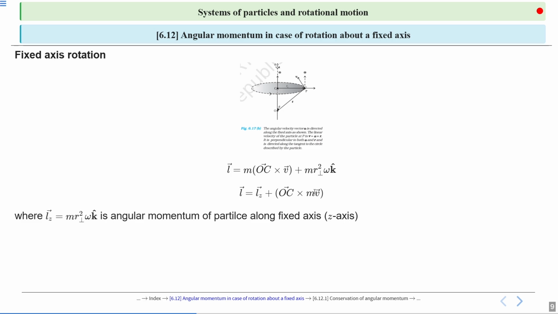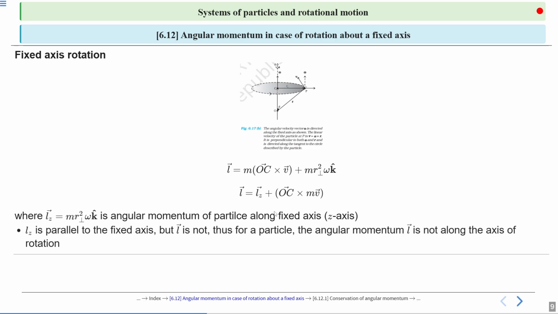All right. Lz is parallel to the fixed axis, or we can say the Z axis, but L is not. Thus for a particle, angular momentum L is not along the axis of rotation.